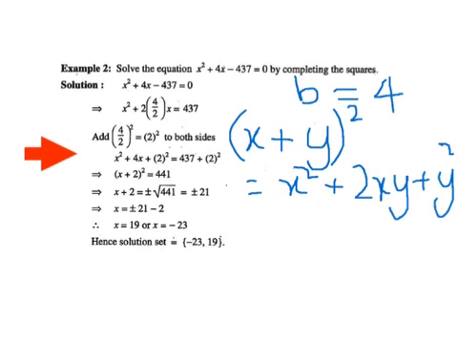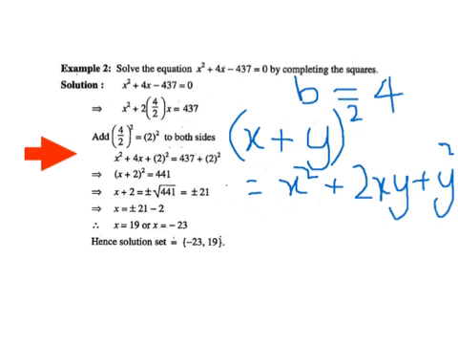And now we can simplify the expression on the left-hand side of the equation to become x plus 2 whole squared. If you open this, you are going to get the same as we had earlier: x squared plus 4x plus 4, or 2 squared.